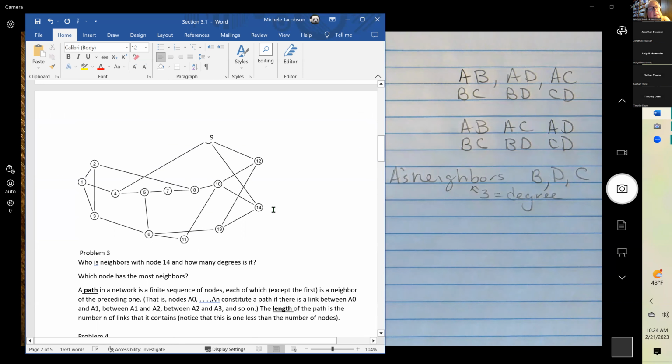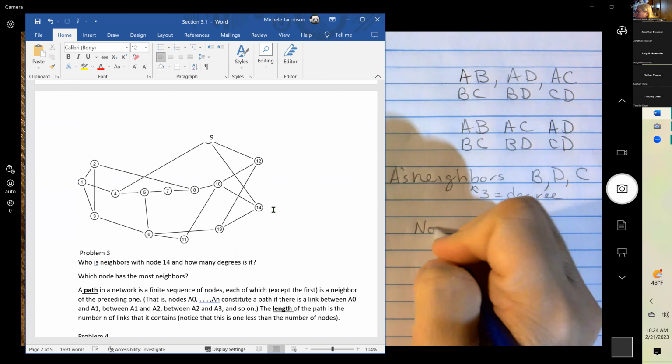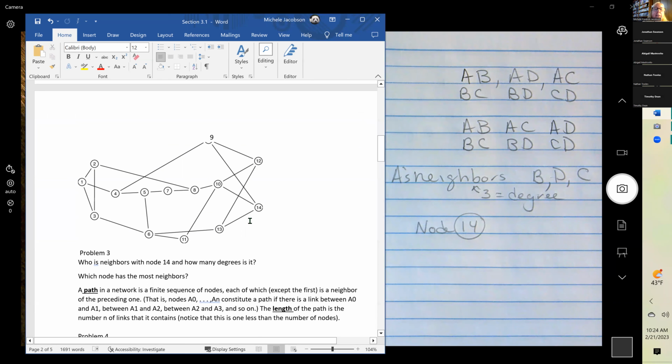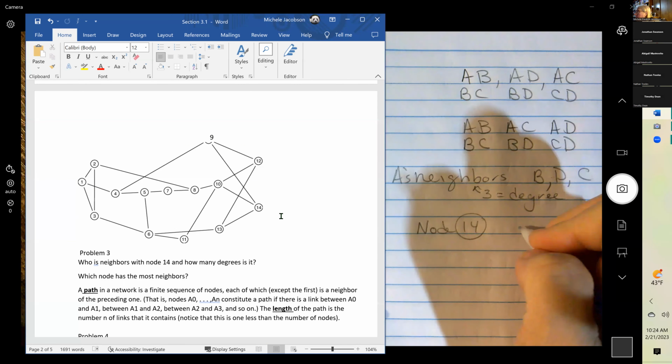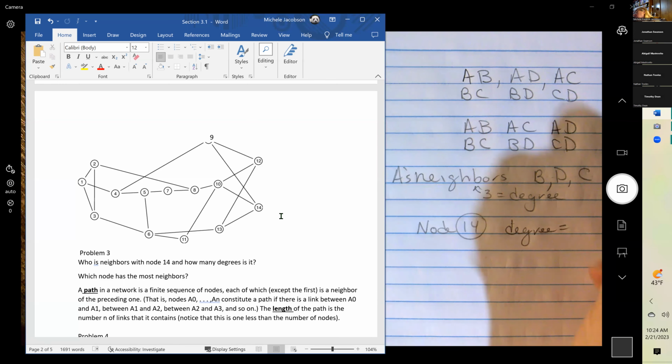Okay, so if we look at this one, who are the neighbors of node 14 and what is its degree? Let's see, 14 is here. Notice there are 3 links leaving it, so there are 3 of them. So its degree is 3.